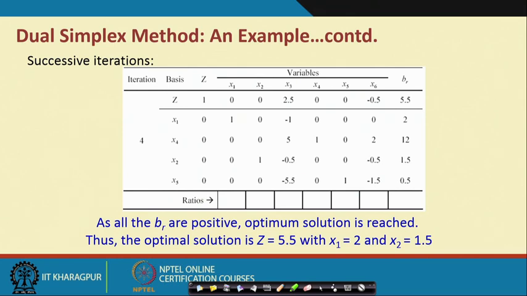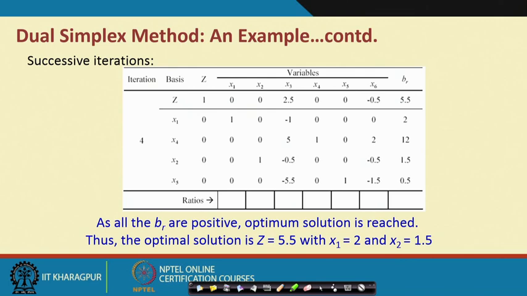That means we start with the initial basic feasible solution and then move in an iterative process where all b will be coming positive. So that means we can apply dual simplex after the first-hand transformations, and we can move to this particular process, that is the dual simplex process.